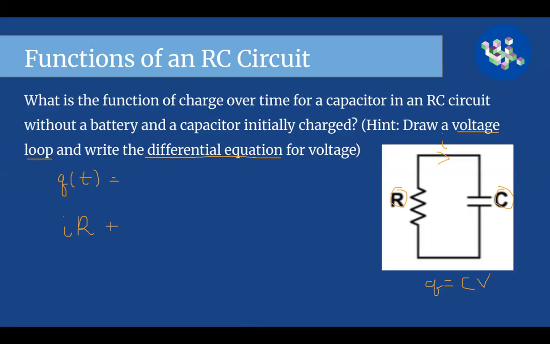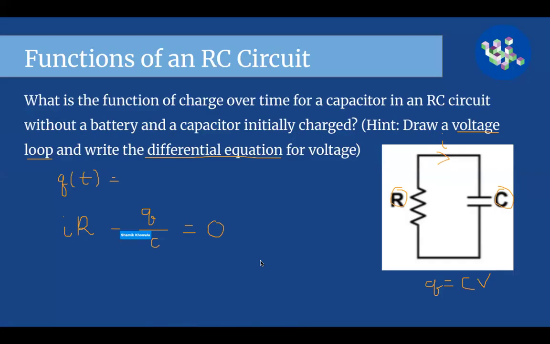So we have Q over C. This is zero. Now, can you tell me how I'd write this as a differential equation? Maggie, can you tell me? Oh, sorry, this should be minus. My bad.